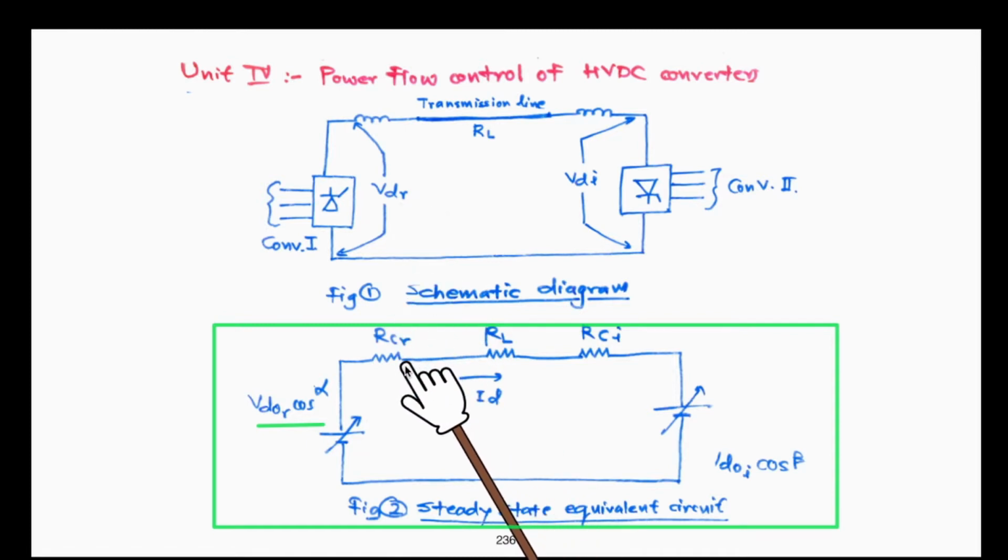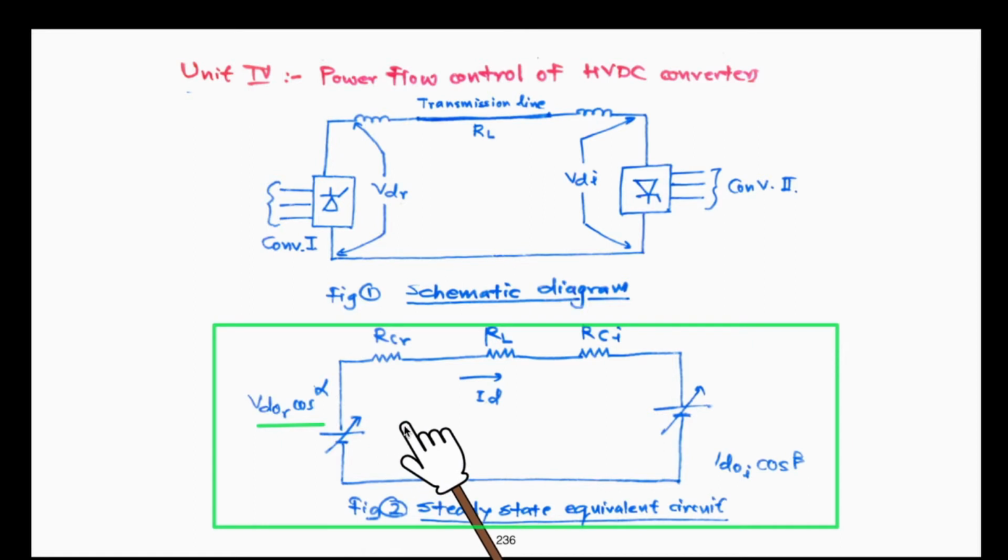Then the line resistance RL, already it is indicated. Current flowing through the DC line is represented as ID, standard notation. The rectifier converter output is represented in the standard form VD0R cos of alpha.